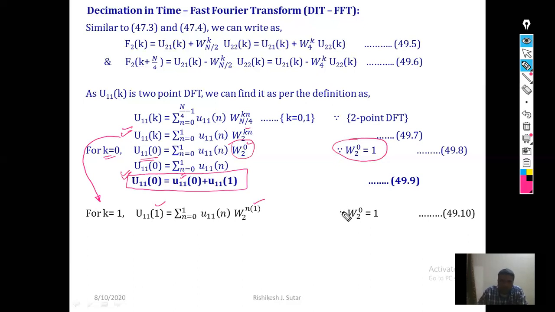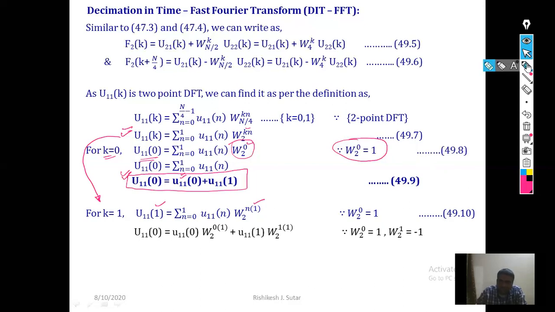So again, we can split this further, so we can write this n equal to 0 and n equal to 1. So we can write here u11 of 0, w2 0 1, and u11 of 1, w2 1 1.